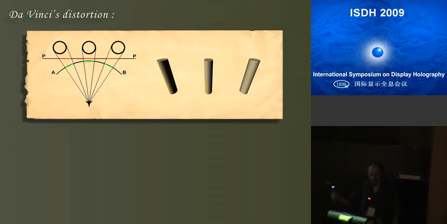You can see in the graph that the rays cut the flat plane are wider on the left and on the right compared to the one in the center, and you can see the effect on the right rendering. To correct this, you have to curve your plane, and then you correct the distortion.